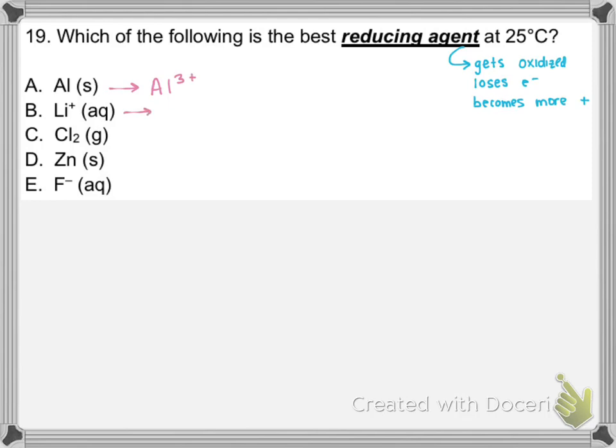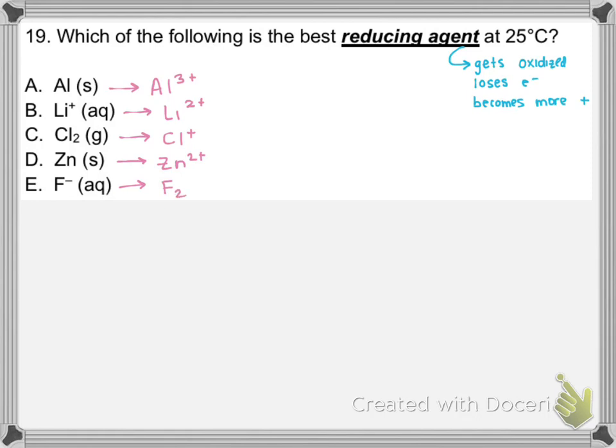With lithium, if it lost an electron, it would become lithium 2+. With Cl2, we'd probably have something like Cl+ if it lost electrons. With zinc, we might have something like Zn2+. And with fluoride, we would maybe just make neutral fluorine.